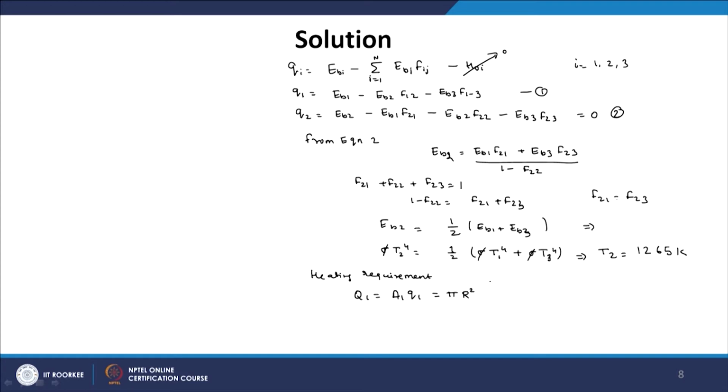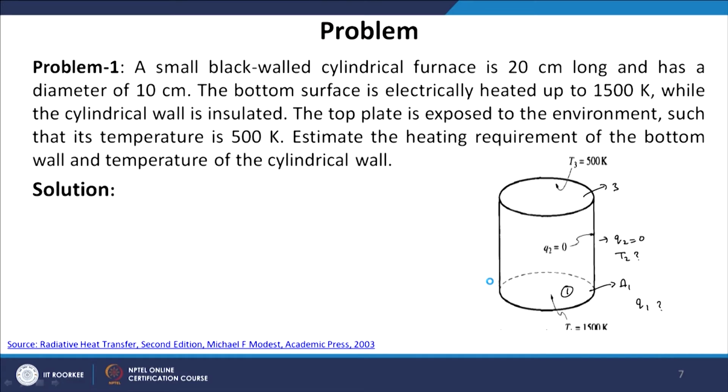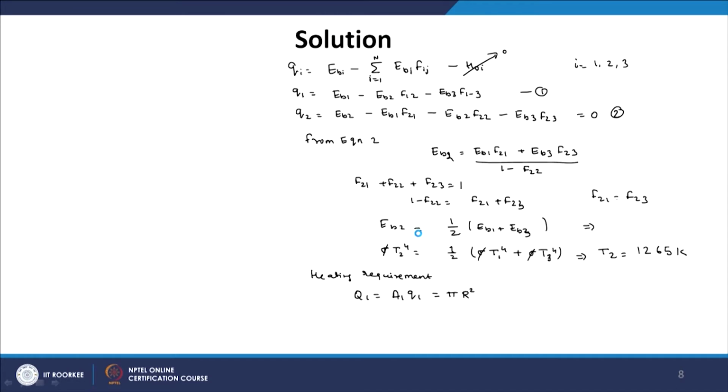The radius of the cylinder is already given. The diameter is given as 10 centimeter, so r in this case is 5 centimeter or 0.05 meters. So, r we know, and then Q1 from this expression is equal to Eb1 minus Eb2 F12 minus Eb3 F13.